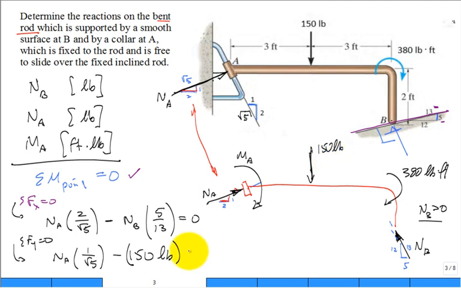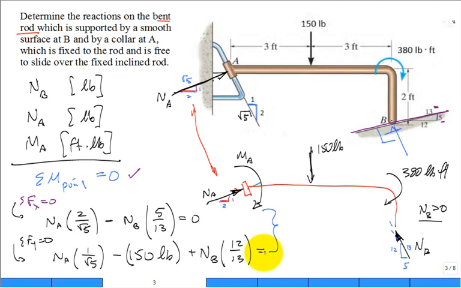And then in the positive y, N sub B times 12 divided by 13. I paused and looked: do I have anything else in the y direction? No, I don't. So at this point, I say to myself, I have two equations with two unknowns. I tried to get one equation with one unknown. I'm going to have to settle for two equations and two unknowns. And now you need to solve for those.